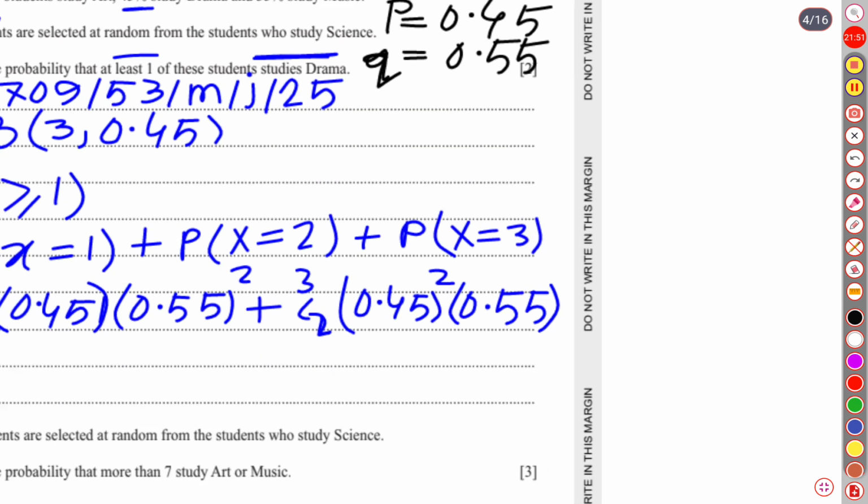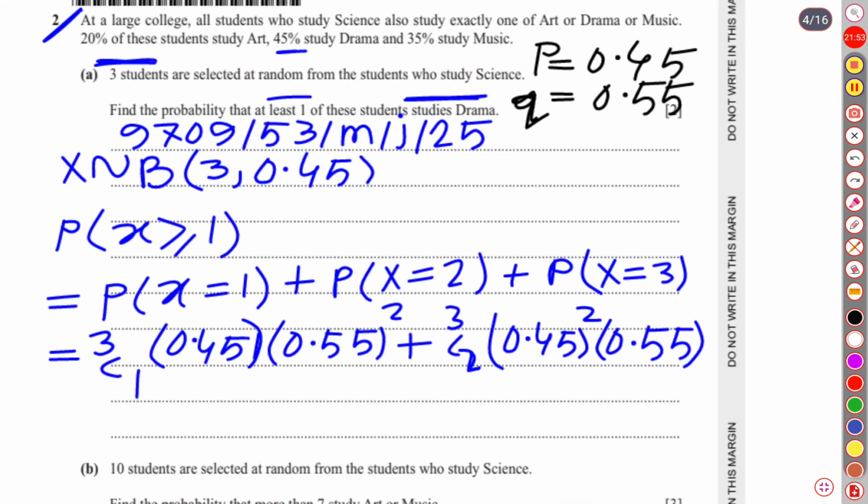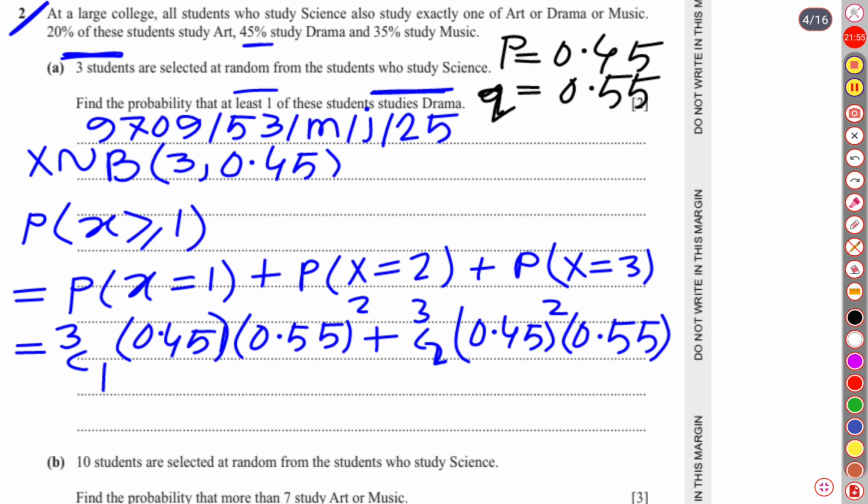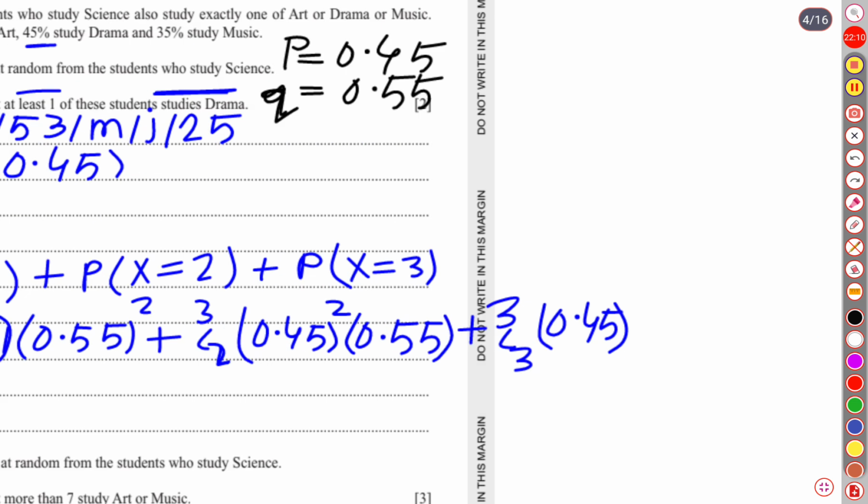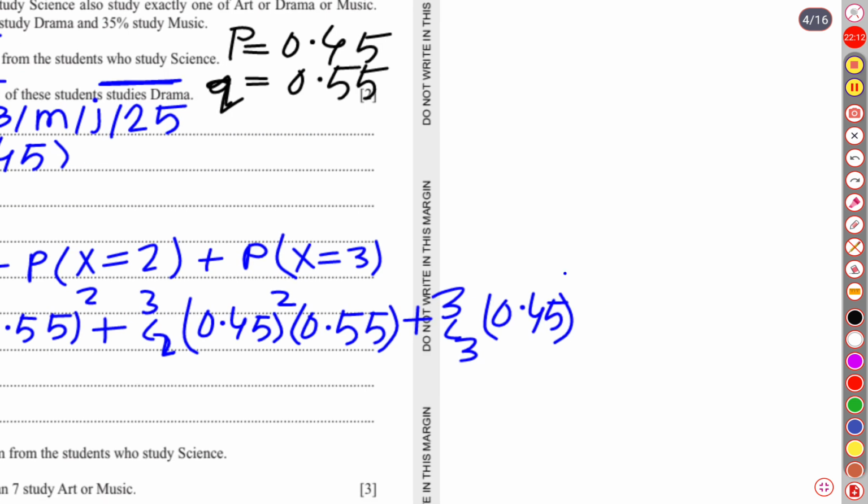Then if all three students take drama, 3 out of 3, the probability is 0.45 raised to 3, and no one took other subjects, so 0.55 raised to 0.